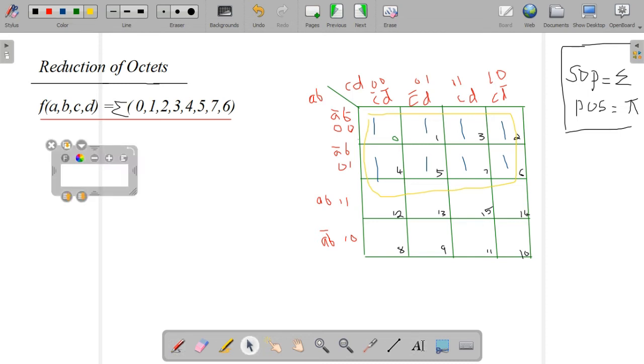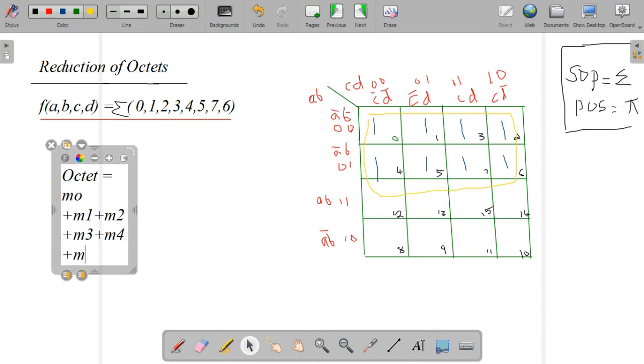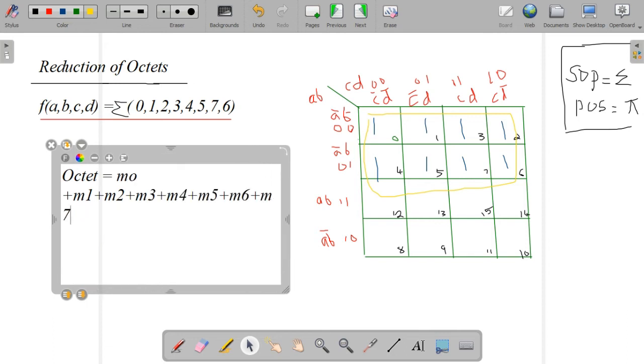So we just write like this, octet 1. Octet equals what are the decimal designation numbers: m0 plus m1 plus m2 plus m3 plus m4 plus m5 plus m6 plus m7. These are the minterm designations of the given octet, is it?